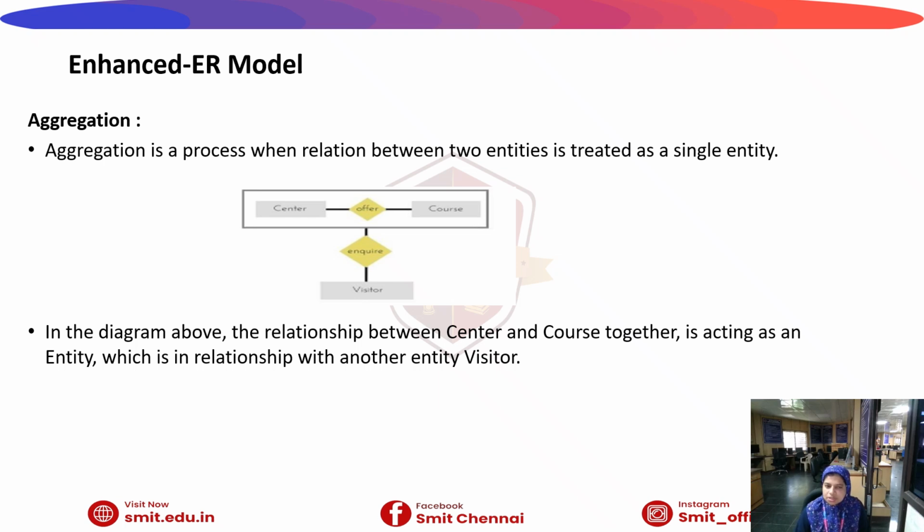For example, a center offers some courses, and visitors make new inquiries. The diagram shows the relationship between the center and the courses, acting as an entity that has a relationship with another entity, visitors. Visitors inquire about which center provides courses. This special one is aggregation.